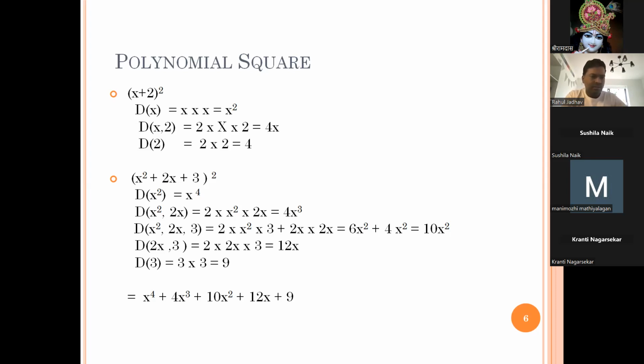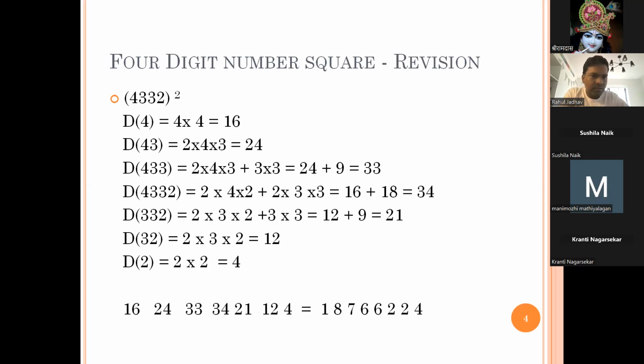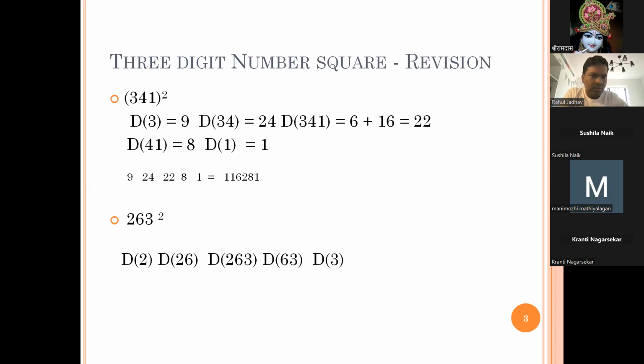Like the square of a two-digit number, I used to teach the children the same way, but I used to tell them, for example, let's take 41 squared. Take the ones place, 1 into 1, multiply it and write it in the units place. Then the power is 2. For 41 squared, we write 41 to the power 2.